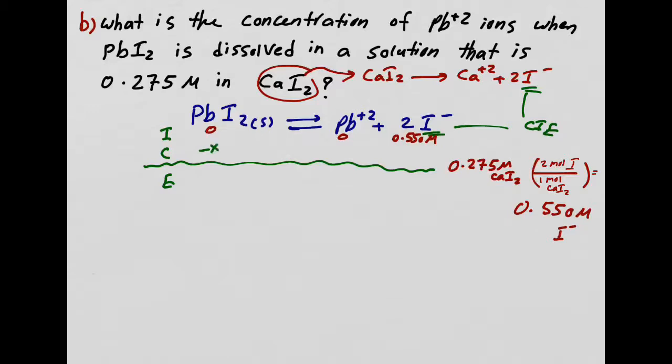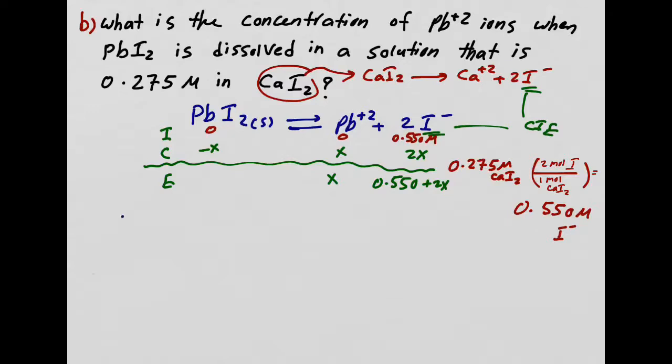This is my minus x, this is 2x. I'm not even going to do anything with this because this is a solid, it does not have any effect on the equilibrium constant. This is x, this is 0.550 plus 2x, because it's a common ion effect. I already have some of this in the solution.